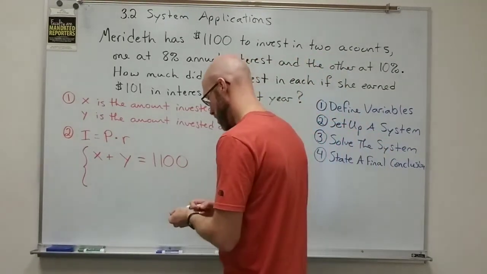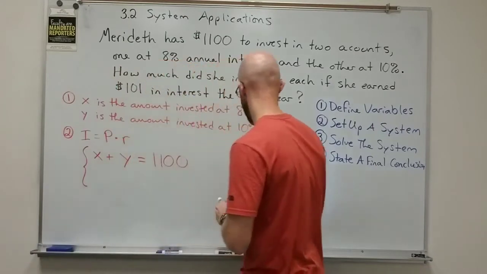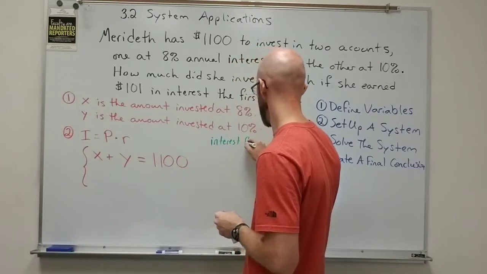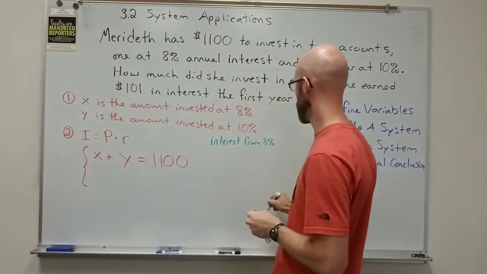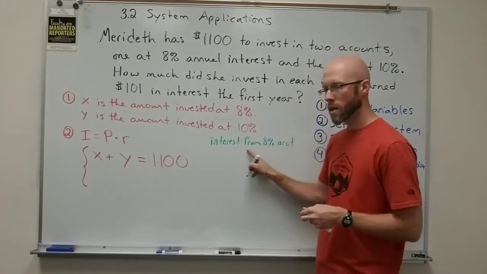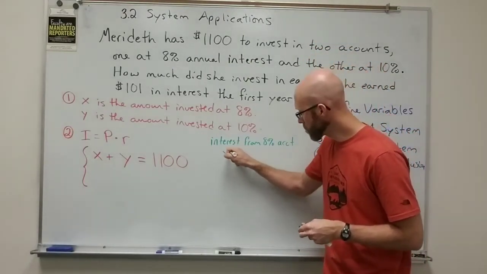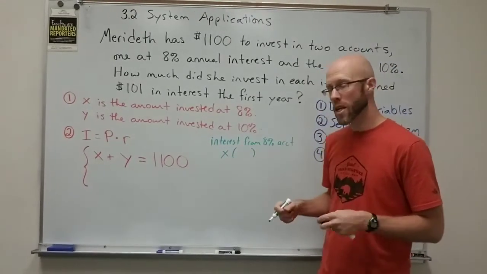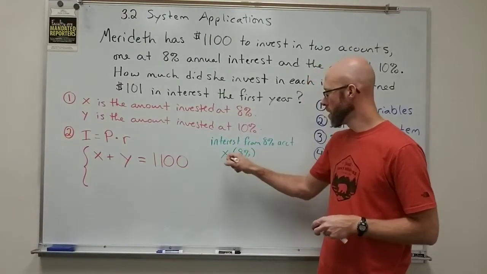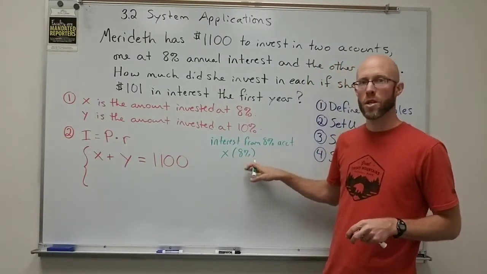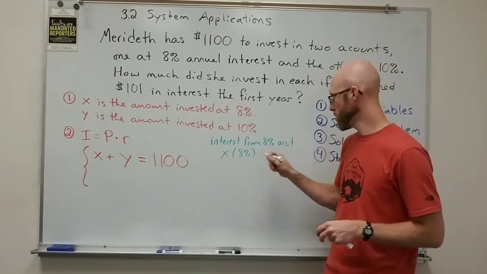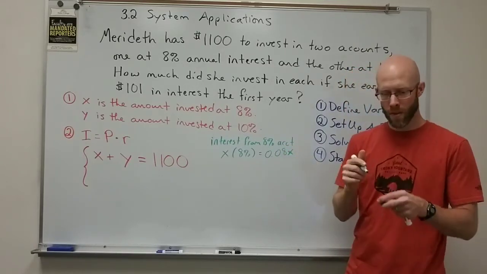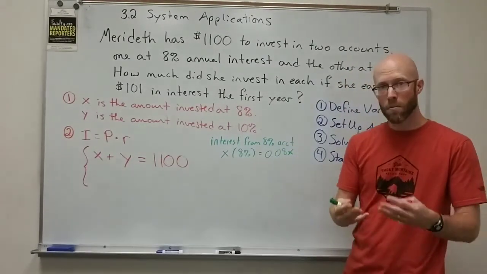So just as a little side note here, the interest from the 8% account is going to be found by taking the amount she invested, that's the x, and multiplying it by the percent, which is the 8%. Now if you take x and multiply by 8%, that's really 0.08 times x, right? 0.08x. And so that's what she earns in the 8% account.